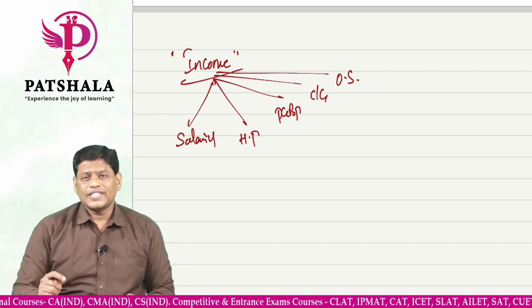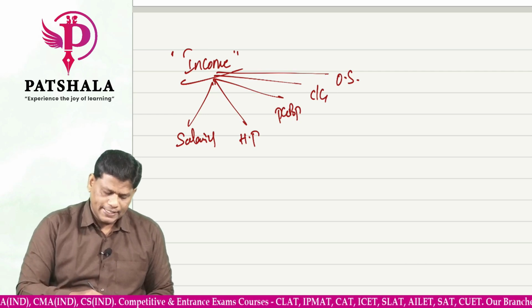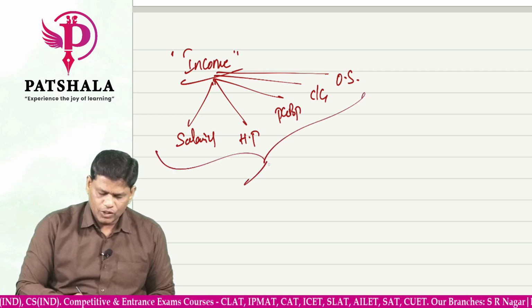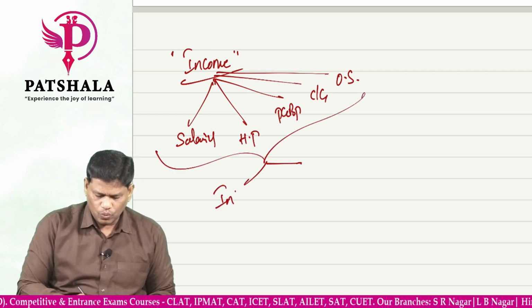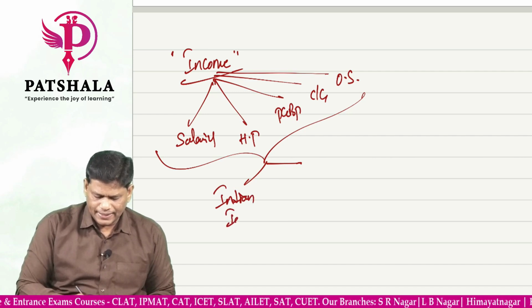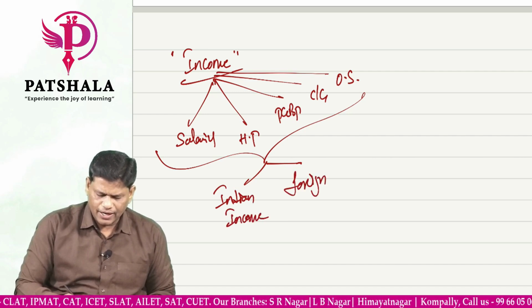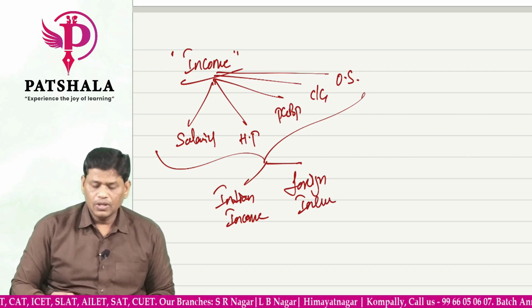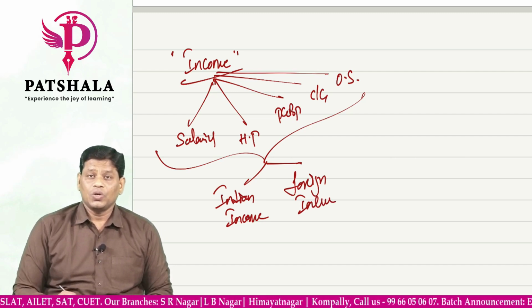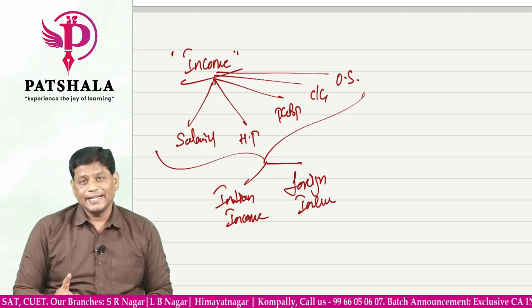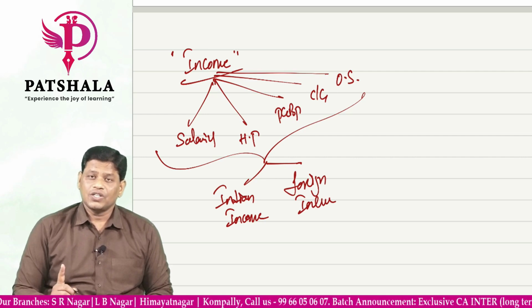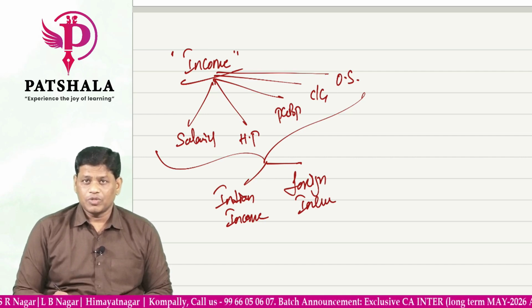Now in chapter number 2, all these incomes we will divide into 2 types. One is known as Indian income, another one is known as foreign income. Incomes are broadly categorized into these 2 types.